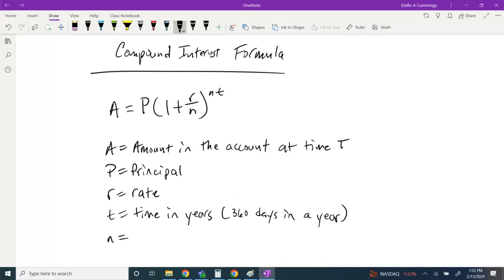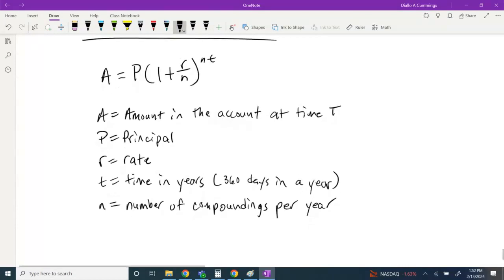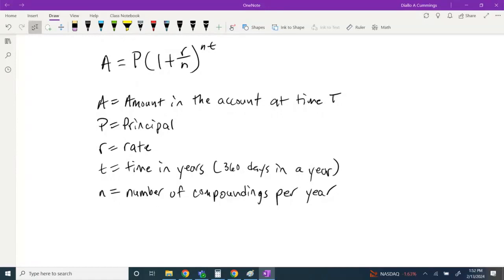And then there's something called N. N is the number of compoundings per year. So if the number of compoundings a year is annually, N is equal to 1.